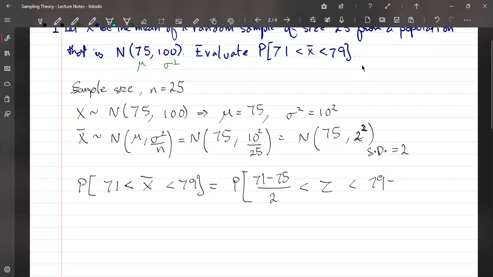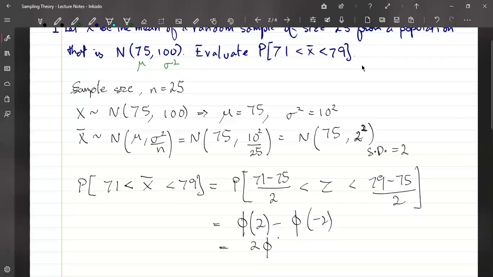Similarly 79 minus 75 by 2. So this is in fact phi of 2 minus phi of minus 2, which is 2 times phi of 2 minus 1.